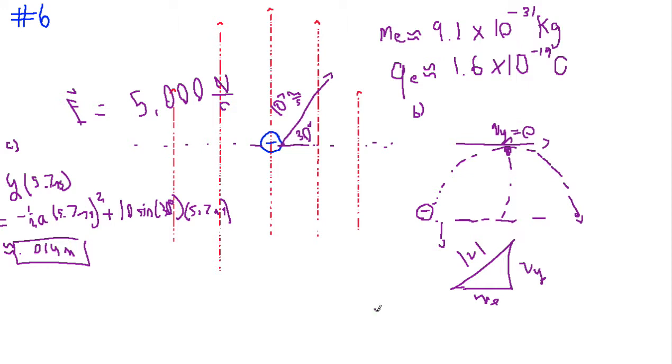So at 4.7 nanoseconds, the horizontal velocity is going to be constant, so the horizontal component is just 10 cos 30 degrees. But the y value is going to be equal to negative g times 4.7 nanoseconds plus 10 sine 30 degrees.